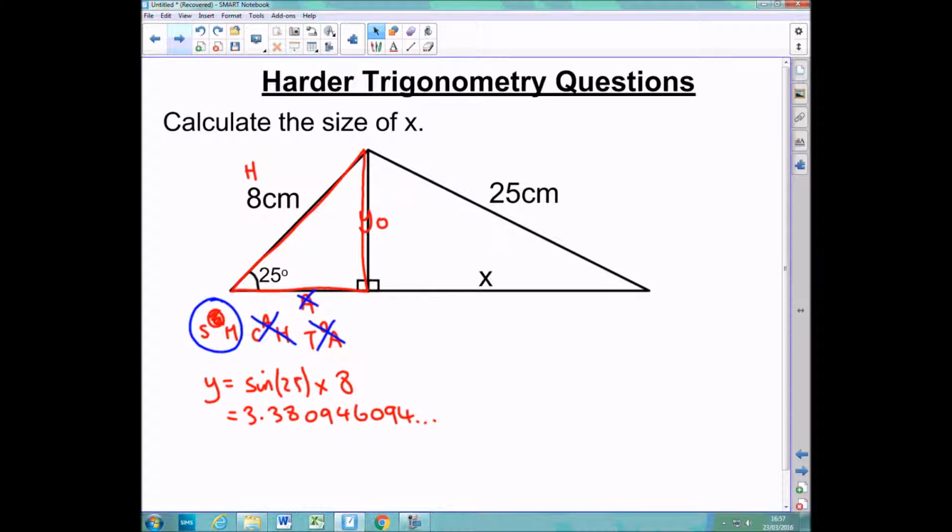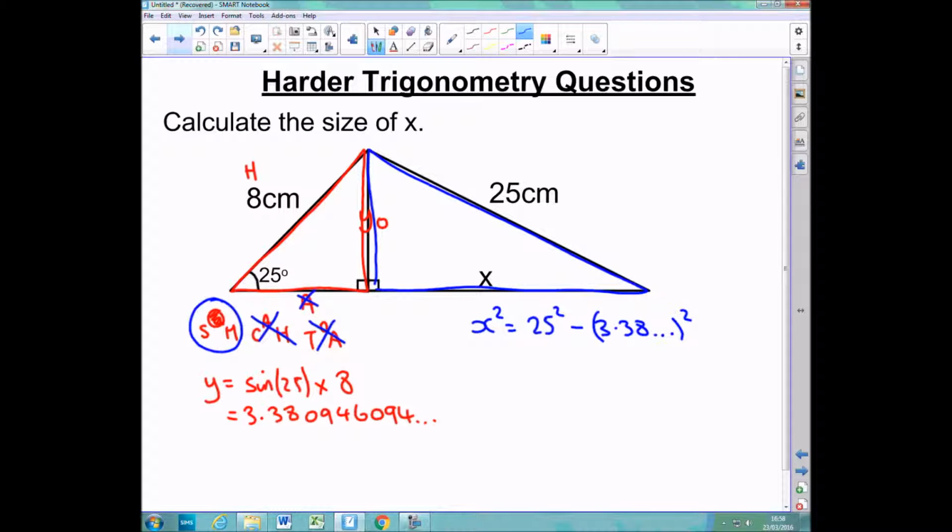So now that I've found y, I'm now going to concentrate on this triangle over here, and this is where I need to use another form of mathematics involving right angled triangles, but this time without an angle means I need to use Pythagoras. Okay, so Pythagoras, if you remember, my shorter side squared equals my longer side squared, take away my other side squared, which was my 3.38 number squared.